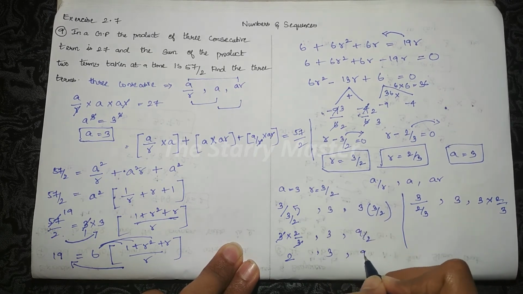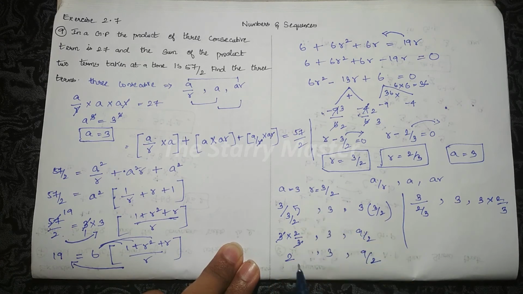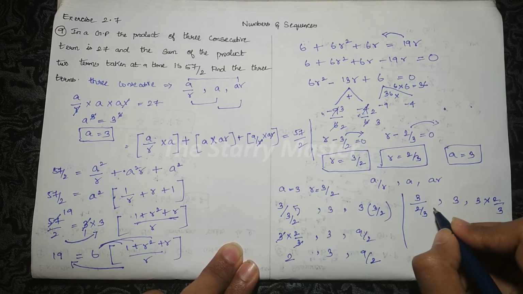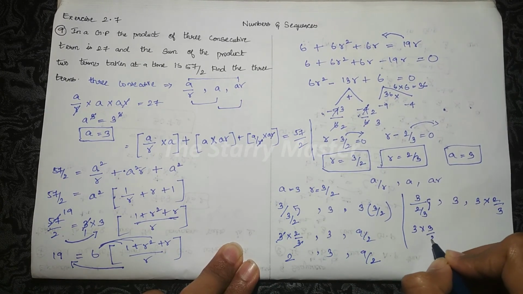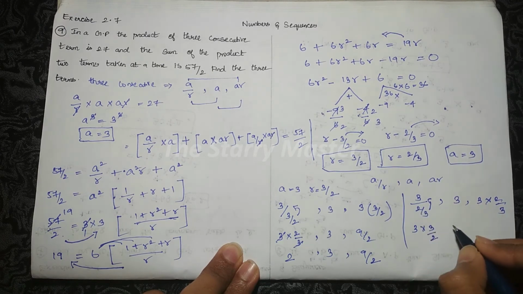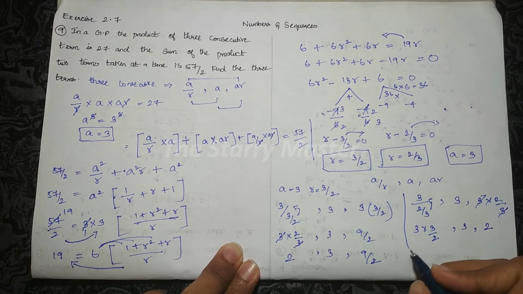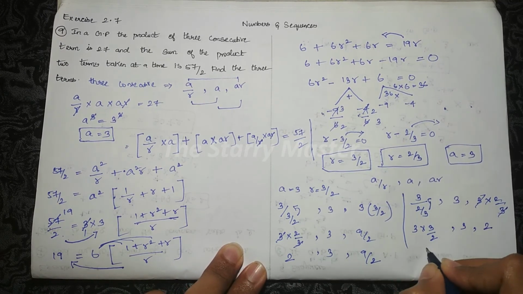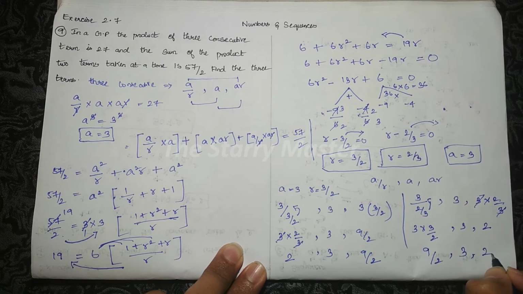So we got three terms: if r equals 3 by 2, the three terms are 2, 3 and 9 by 2. For the other, 3 into 3 by 2 is the reciprocal: the 3s cancel, we have 2 here, 3, and 3 into 3, 9 by 2.